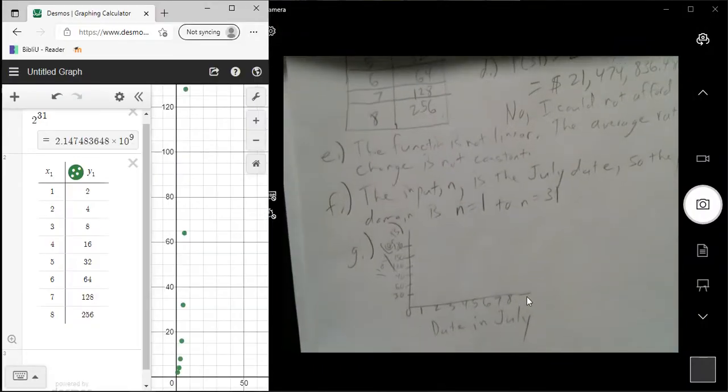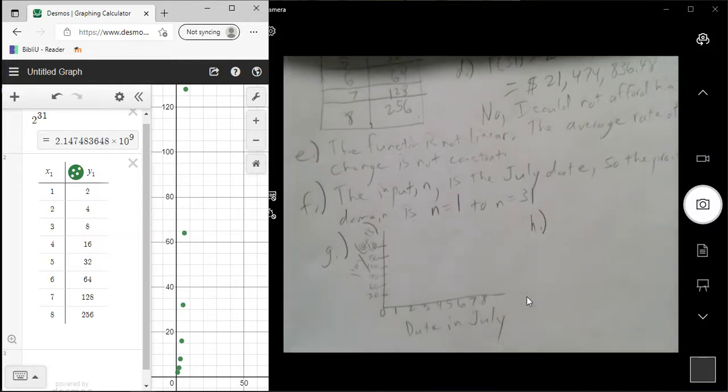All right, so now we come here to H. It says, is the function discrete or continuous? Explain.